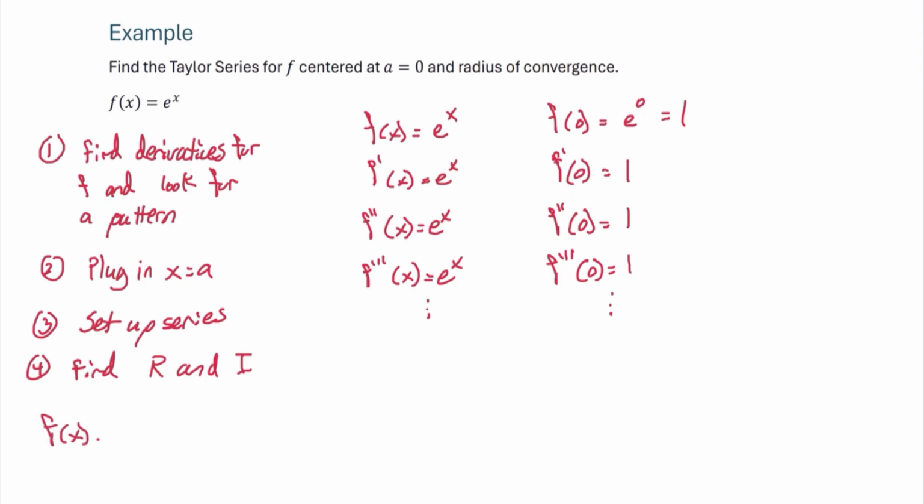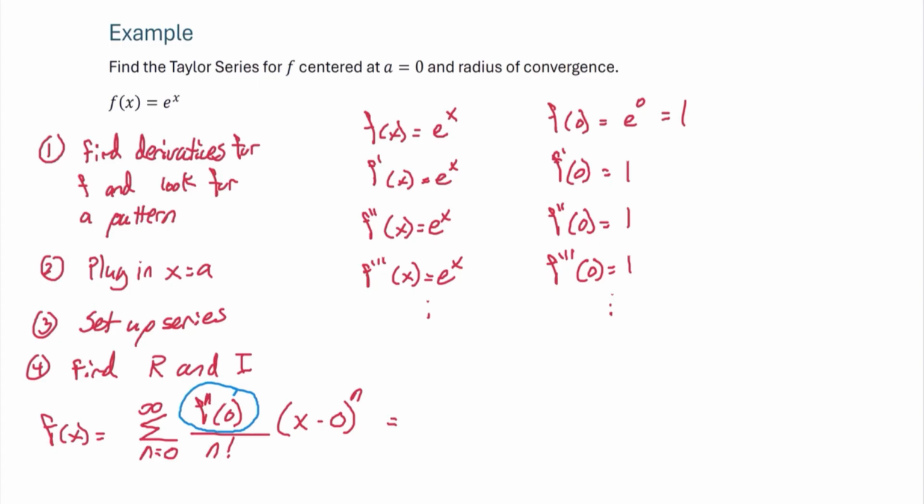So f of x is going to be the sum from n equals 0 to infinity, f to the n of 0 divided by n factorial times x minus a, which is 0, raised to the n. Our goal is to figure out what this piece is here. Again, in this example, it's pretty simple. It's not always going to be as simple as this one.